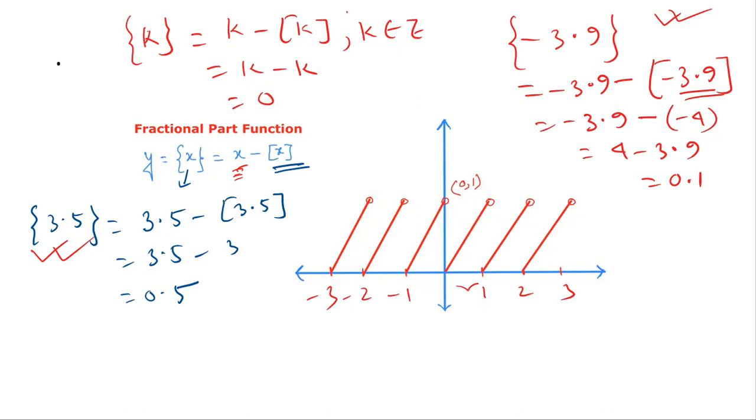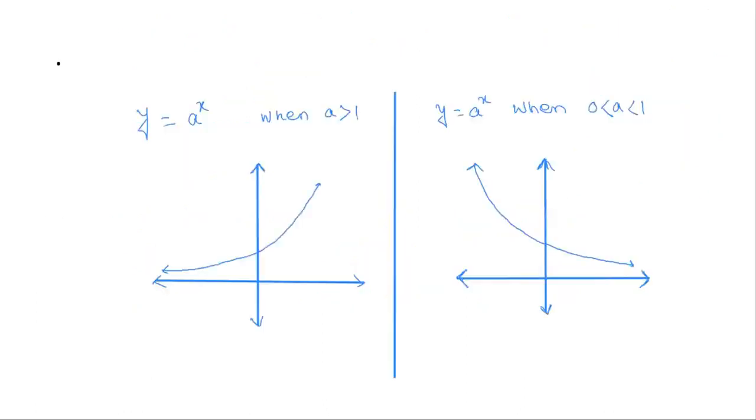Now let me proceed to the exponential graph. To draw this graph, we need to remember how to approach a to the power x when a is greater than 1.